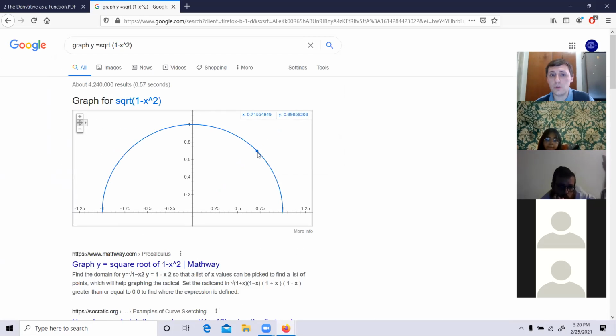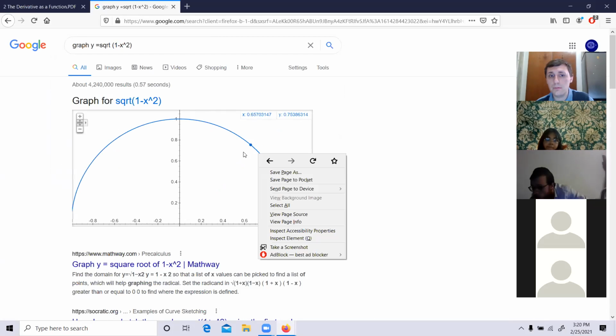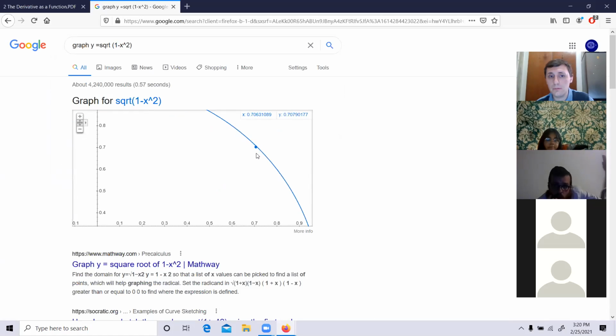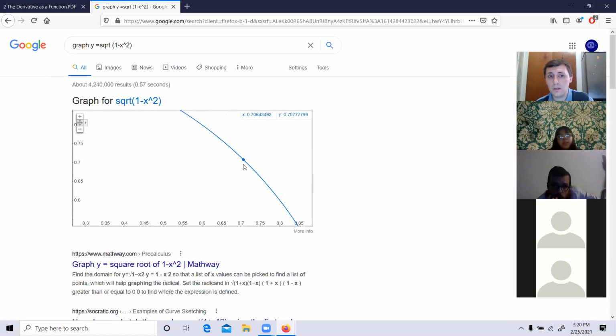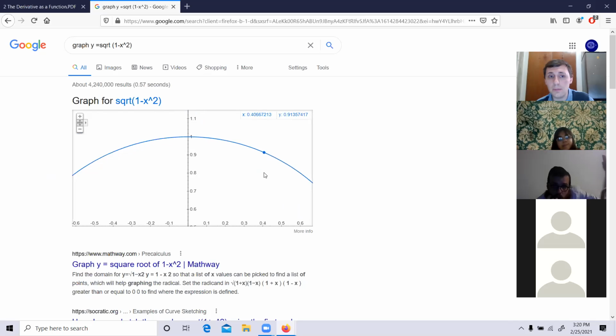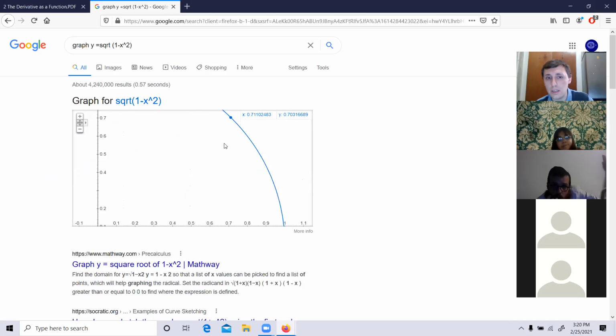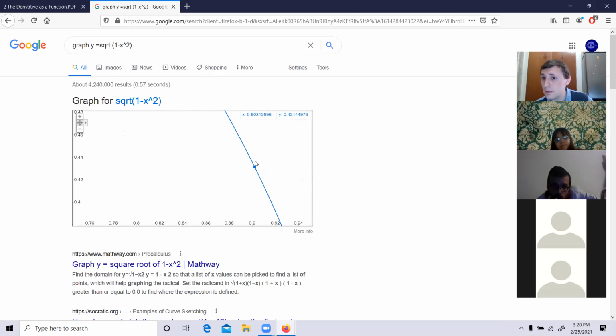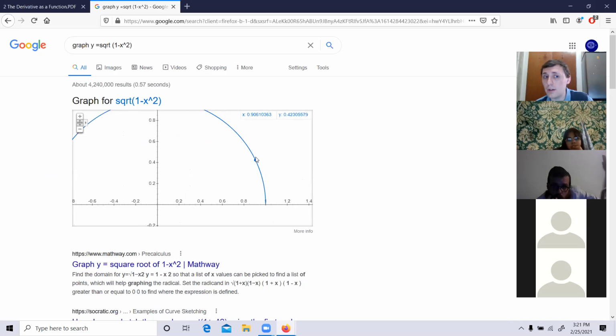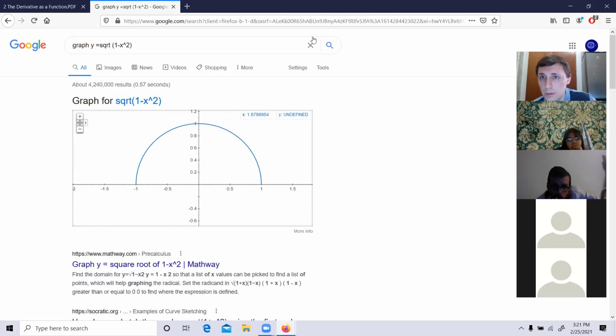Let me zoom in at this point. You see? Oh, differentiable. Zoom in at another point. Let's say zoom in here. I will see a straight line. Whoop, differentiable. Can you think of anything that might not be?